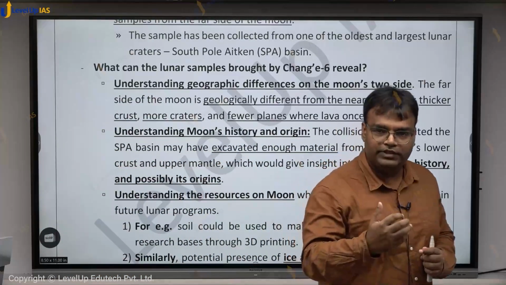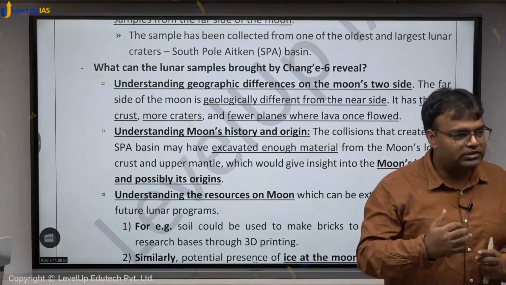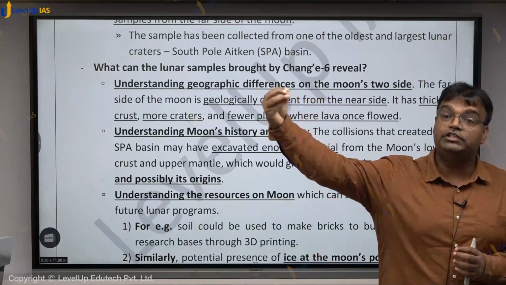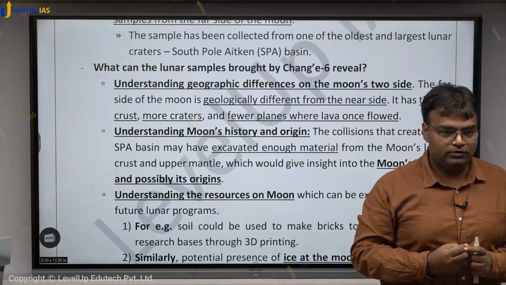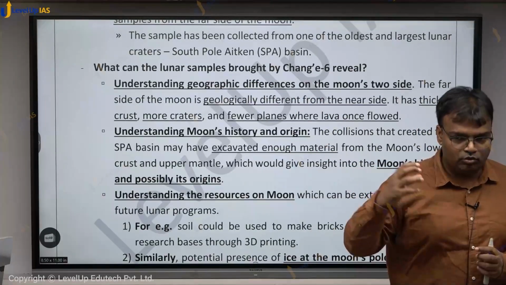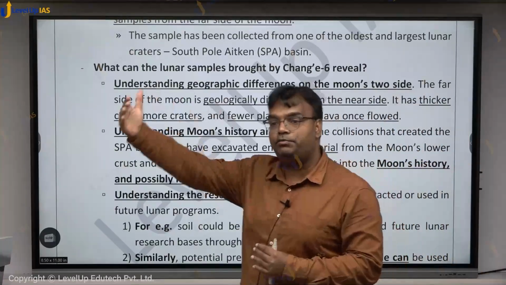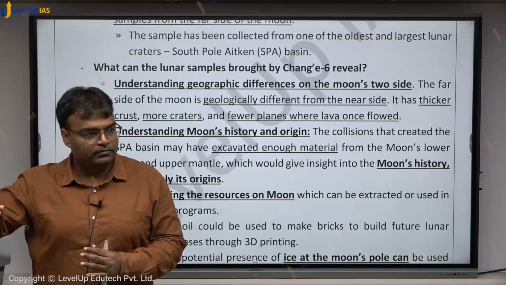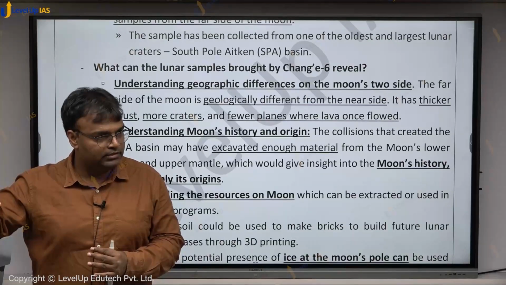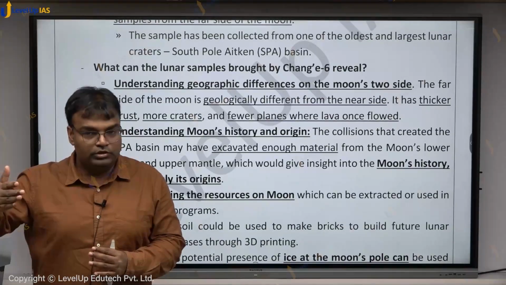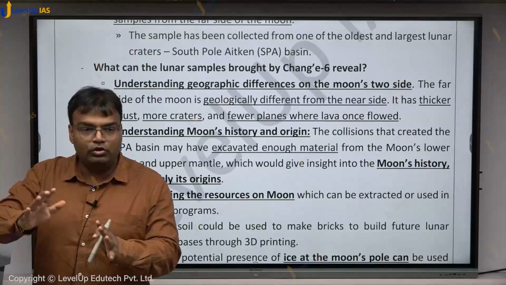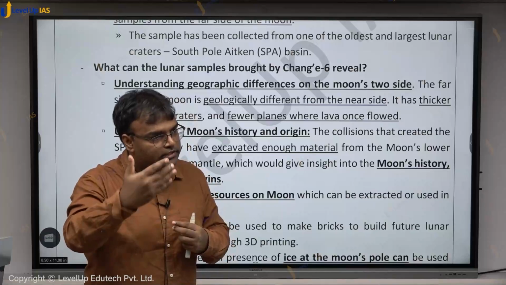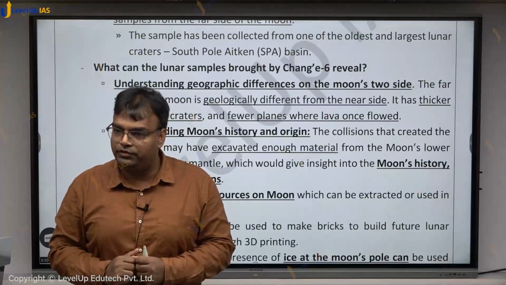Now the side which is facing Earth, because of Earth's magnetic field and other factors, is protected from a lot of things which reach the far side of the moon. तो सन से, सोलर फ्लेयर से बहुत सारी चीजें जो फार साइड पे पहुंच पाती हैं, they are not able to reach near side. तो there is a lot of difference. We do not have to explain this, कि डिफरेंस कैसे है ये, but near side of the moon और far side of the moon में there is a lot of difference.